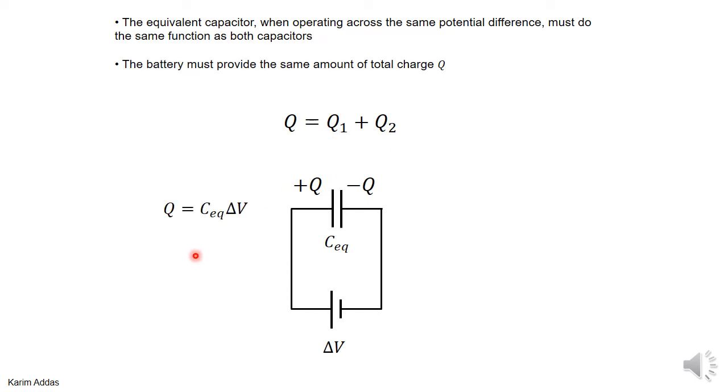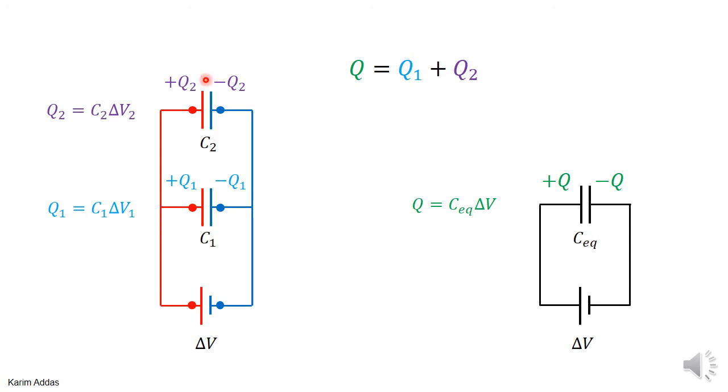And of course, using the equation for the capacitance for the equivalent capacitor, the charge Q is equal to C equivalent delta V. We have now the original circuit and the equivalent circuit. We want to replace these two capacitors by this one, and this charge Q has to be the sum of the charges Q1 plus Q2.